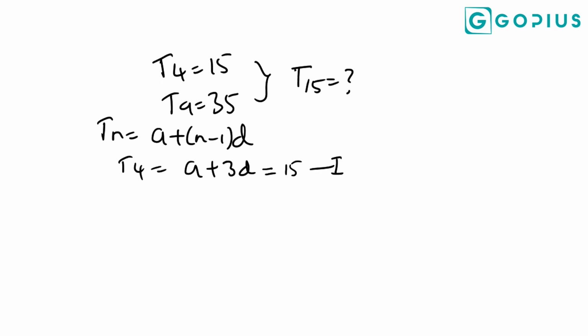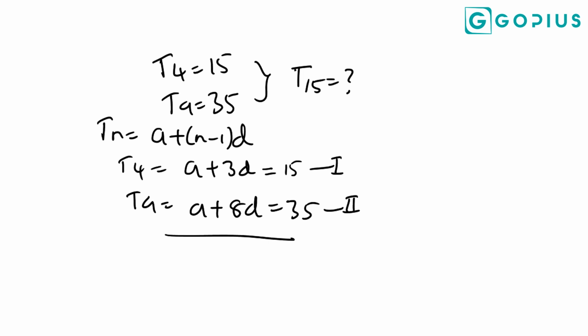And the ninth term was given as 35. So we have that T9 is equal to a plus 8d. That's 9 minus 1, a plus n minus 1 times d. So a plus 8d is equal to 35. We call this equation 2. So we can solve this pair of simultaneous equations, equation 1 and 2.